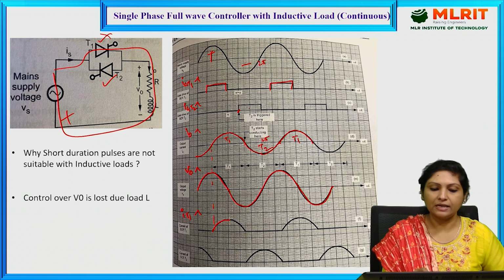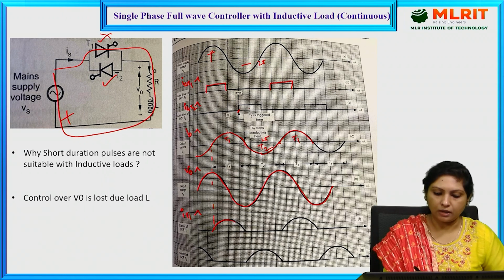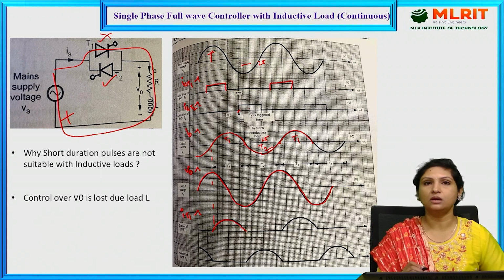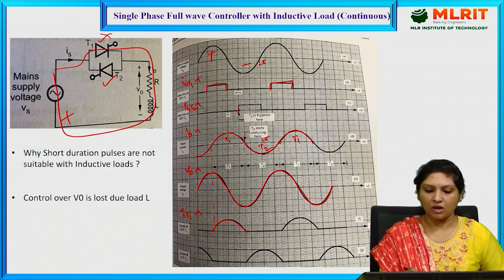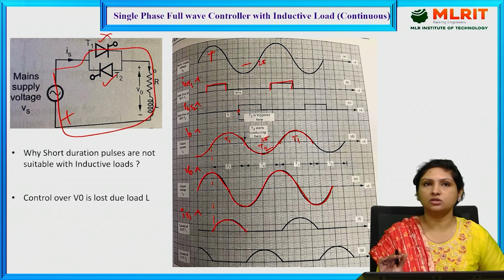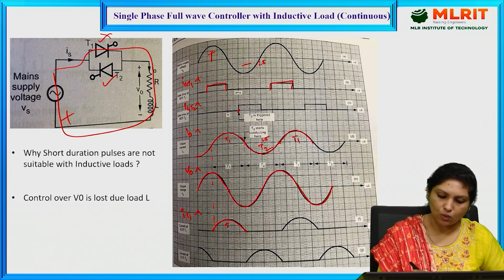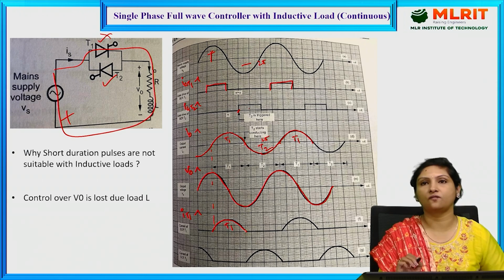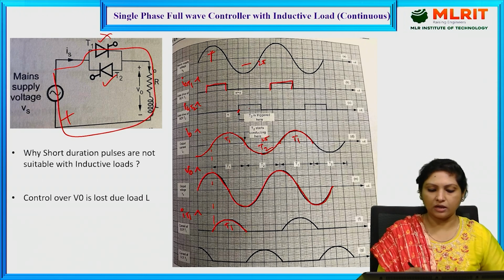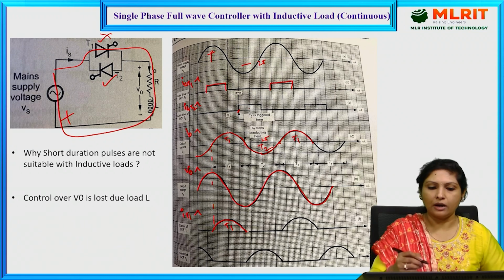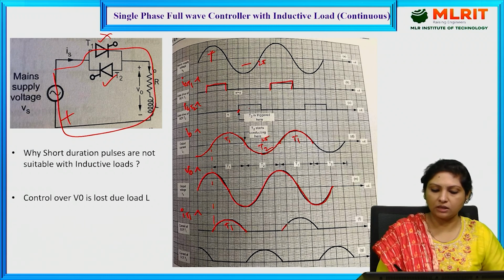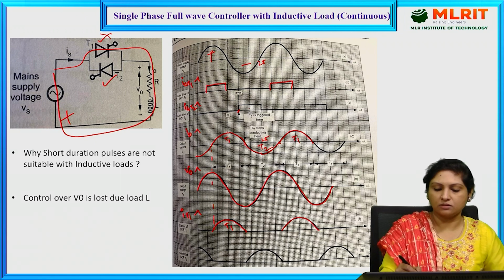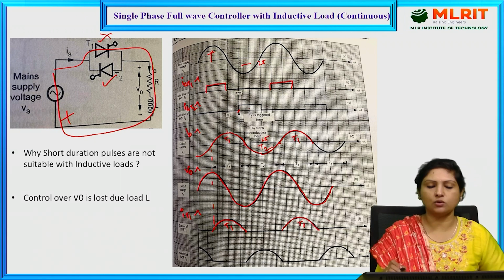It is conducting as long as the energy stored in the inductor is still present. Once the energy stored in the inductor is completely dissipated, at that instant thyristor 1 becomes off. So this is the current waveform across thyristor 1, and again during the positive half cycle when the triggering pulse is provided, T1 is conducting. So this is the current across thyristor 1.